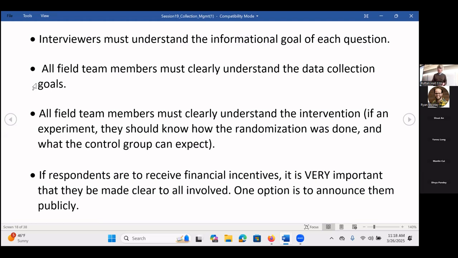And if it's an experiment, they should know about the randomization, and what the control group would expect. They also need to understand the intervention that's being evaluated.